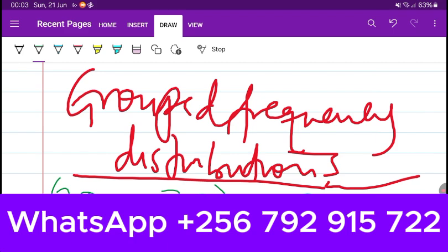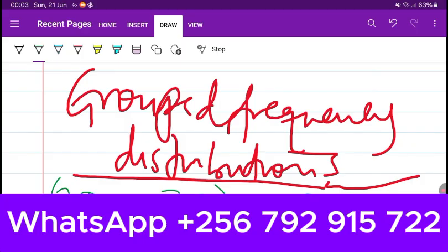So if you do that, when you group a class and each class has more than one unit in width, that's what we call the grouped frequency distribution, where each class shows the number of values that lie in it and its frequency.